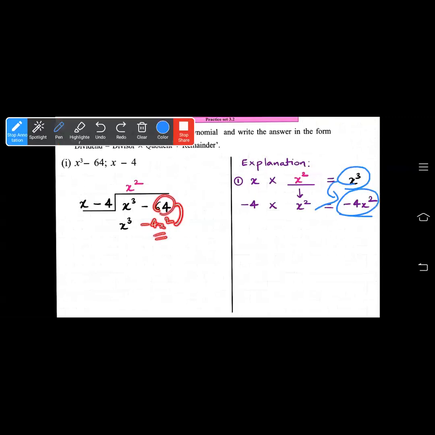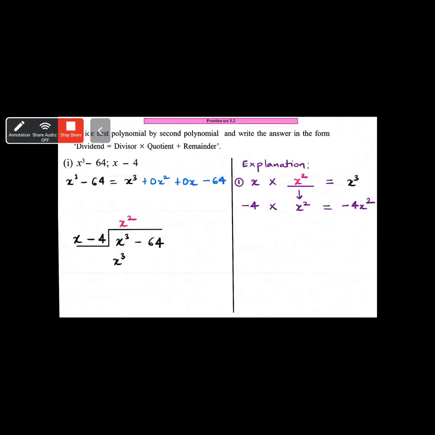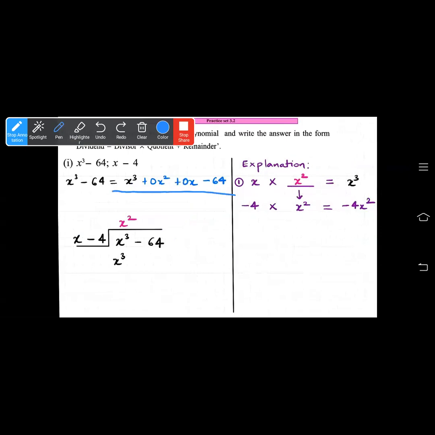When you write x cube minus 4x square under x cube, you cannot write it over here. So you have to write this in standard form. First of all, write the dividend in standard form: x cube plus 0x square plus 0x minus 64. Then only you will be able to write down the x cube minus 4x square under this part. Fine. Let's start.